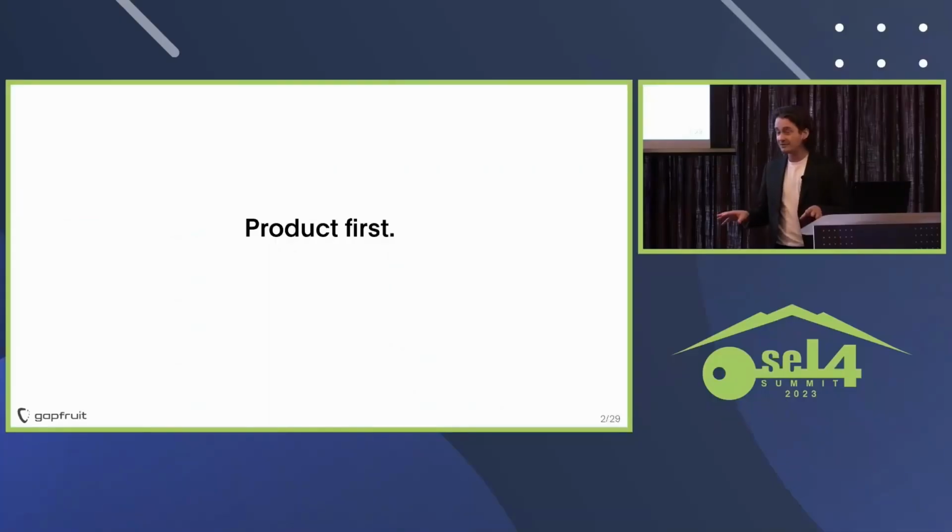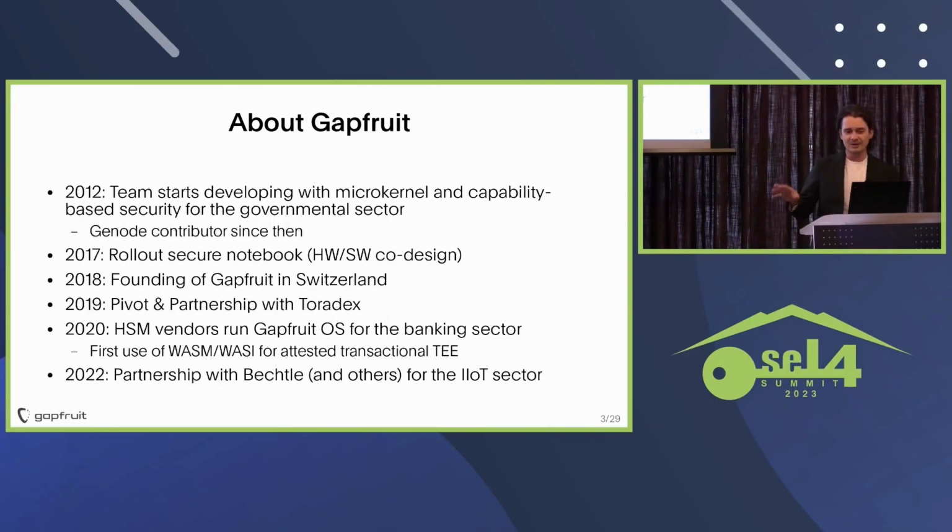In my talk, I want to demonstrate all these different awesome topics in one holistic product. First, here's our strategy. Product first. A little bit about my team. So my team started real-world product development using microkernels and capability-based security over a decade ago.